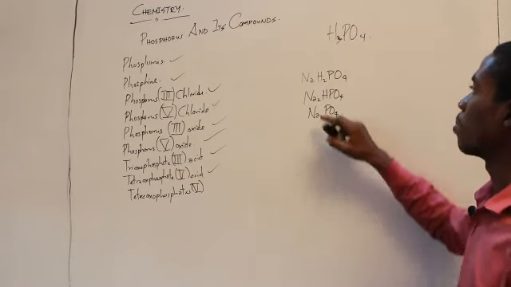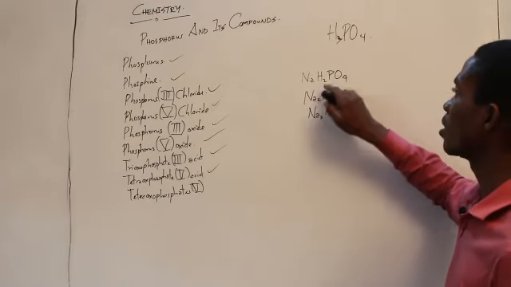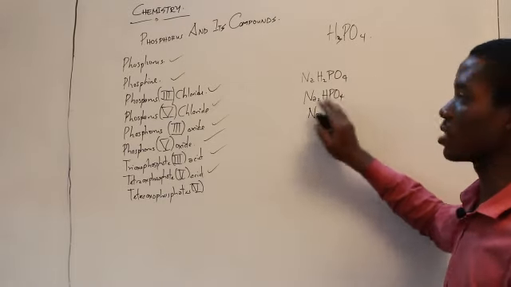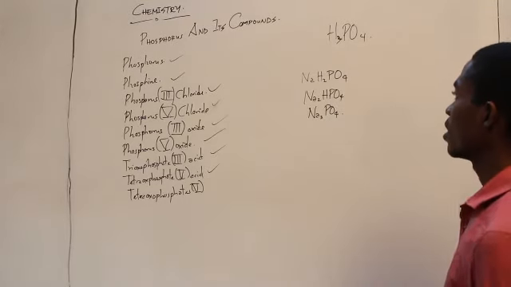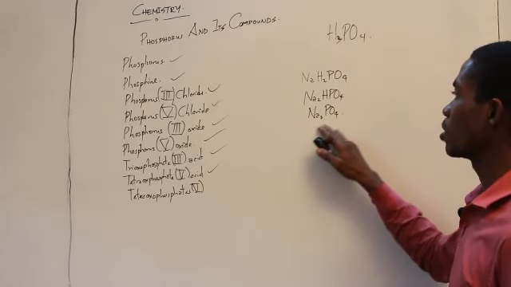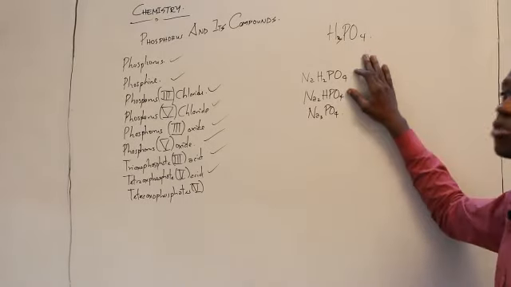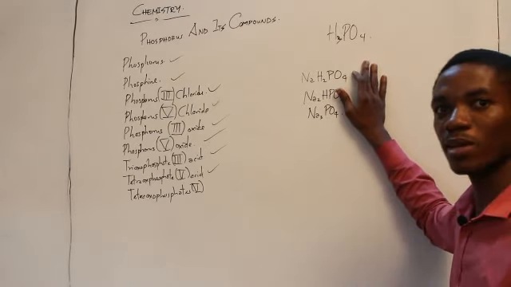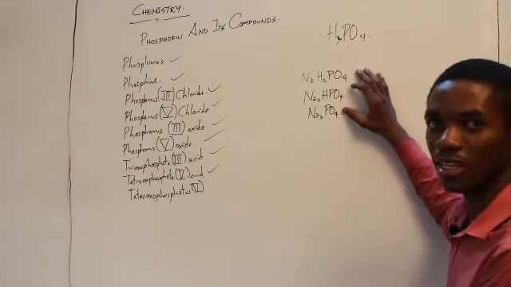It can be monosodium, that is monosodium tetraoxophosphate 5. It can be disodium tetraoxophosphate 5, and it can be trisodium tetraoxophosphate 5. Now this first one will still take part in chemical reactions until it forms its next one, till it forms the final one.